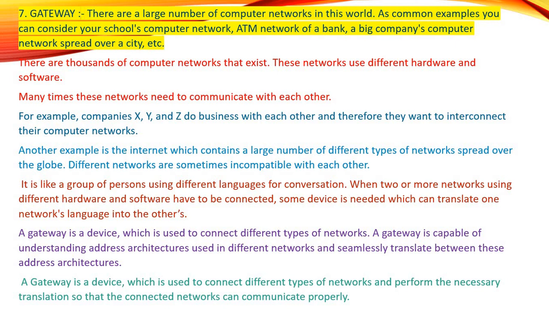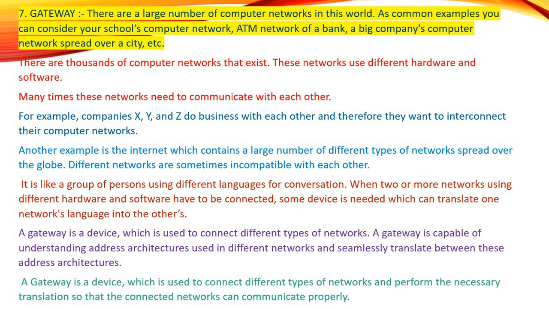Or we can take another example, the internet, which connects a large number of different types of networks spread over the globe. Different networks are sometimes incompatible with each other. It is like a group of persons using different languages of conversation.